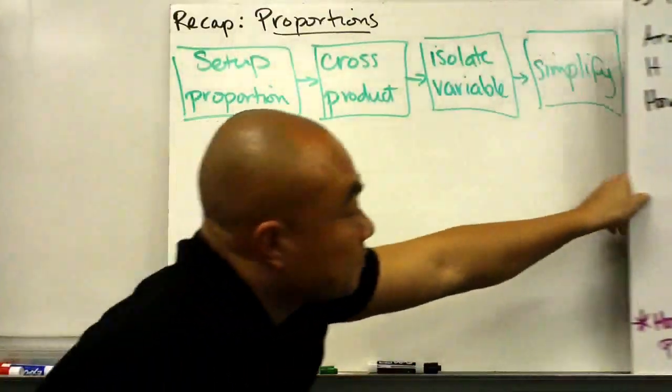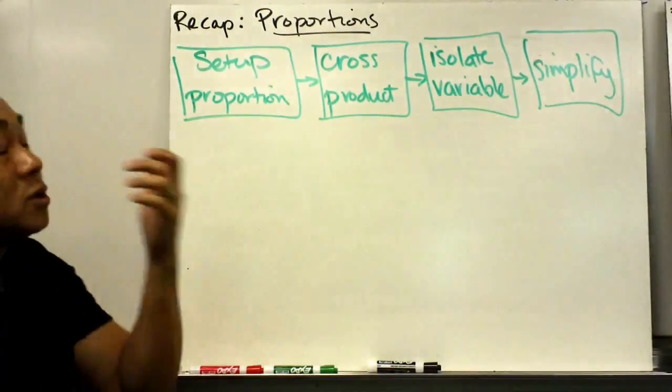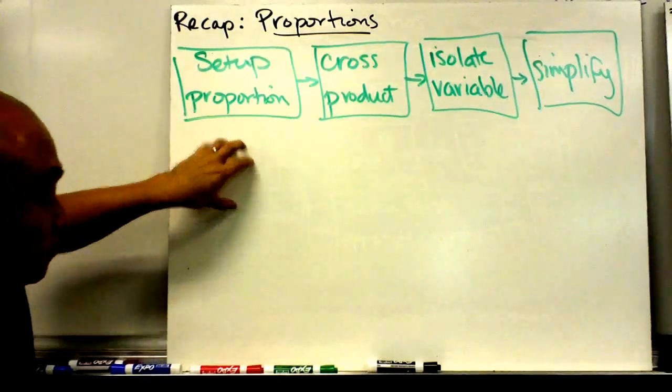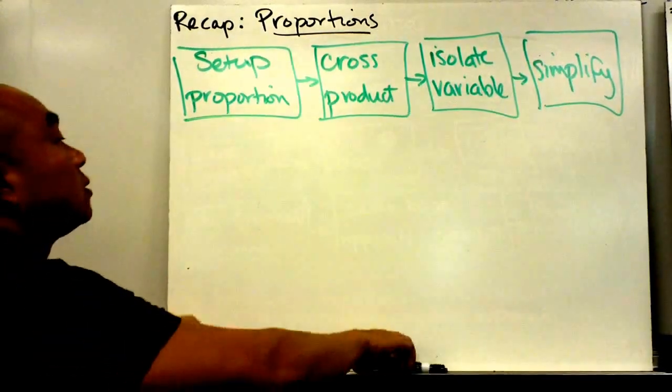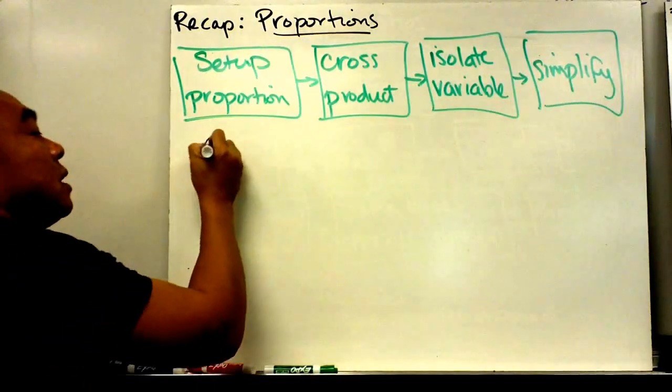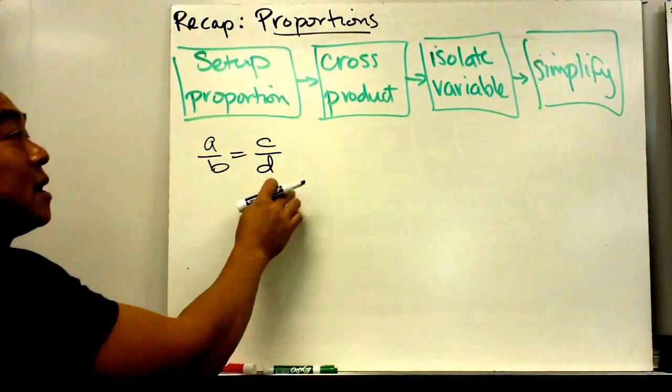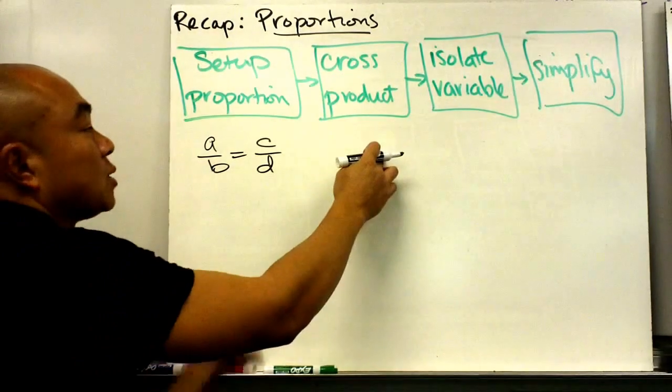So let's go ahead and recap. So to recap proportions, the basics of it, we're going to set up a proportion. Okay? And I'm just going to go and do a quick setup. So you have A over B is equal to C over D, and that's your basic setup. Now you're going to have your cross products.